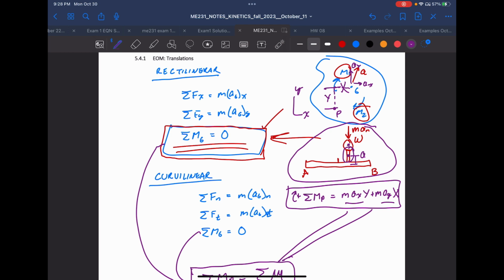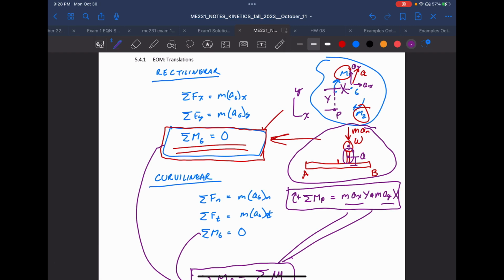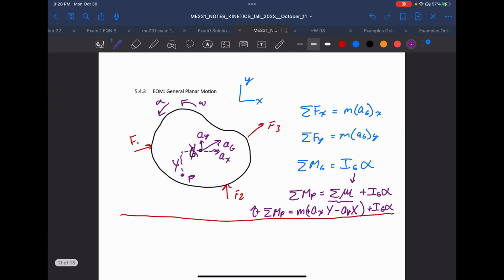The AX component would be positive, but the AY component would be negative, so that little guy should be negative. And that's essentially the difference. That's what I was leaving out, is that when you're summing moments at some location other than the center of gravity, you do have to take into account those inertial moments that are created by your linear accelerations.